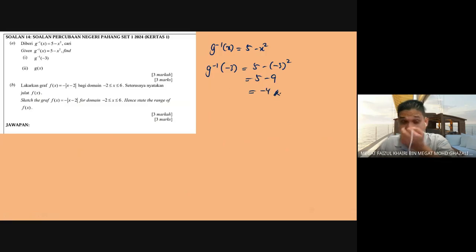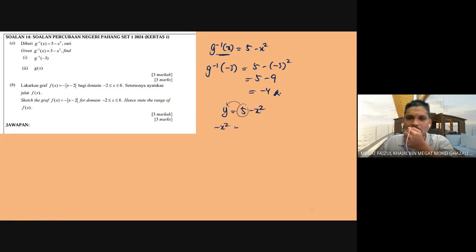So find g(x). Find g(x) the same way we find the inverse. Okay, just let this be y. y equals 5 minus x squared. Okay, and then bring this 5 to join with y.